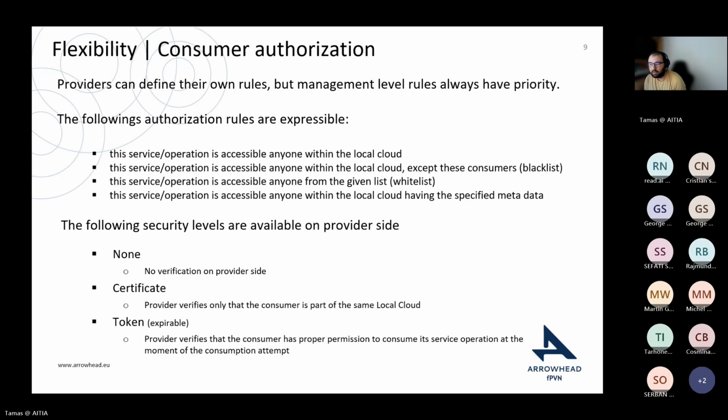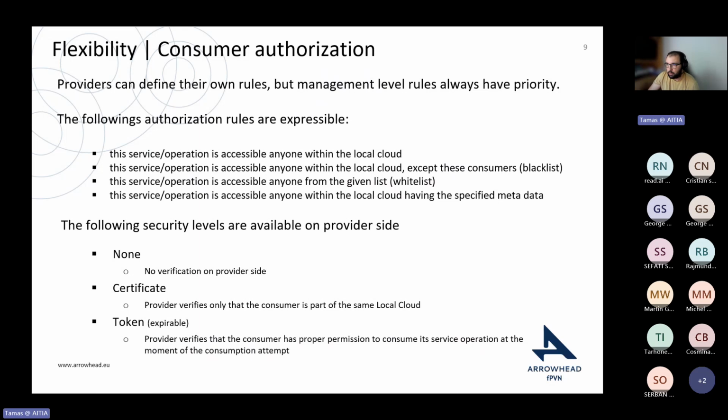And in version 4, we have only peer-to-peer authorization rules, so you can express only that this specific consumer is authorized to consume this specific service definition from that specific provider.